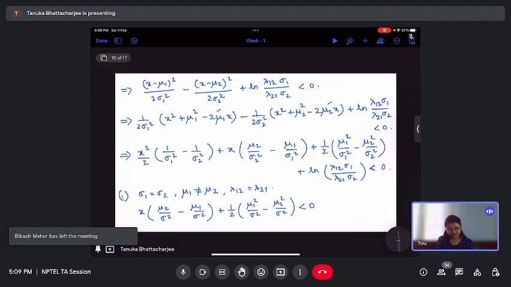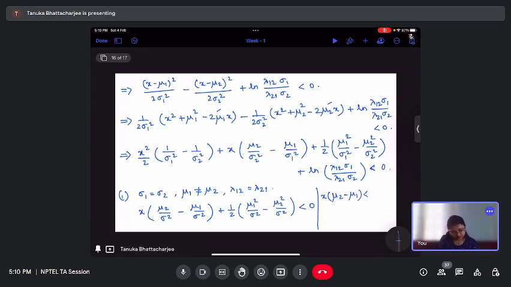You can even simplify this expression. If we simplify this further, what we get is x into (mu 2 minus mu 1) should be less than half of (mu 2 square minus mu 1 square).